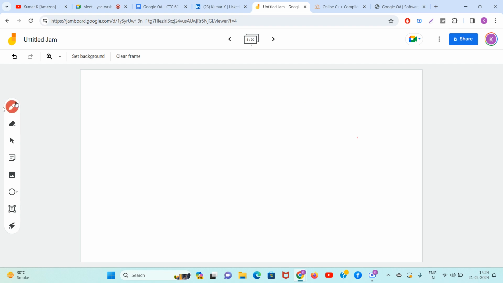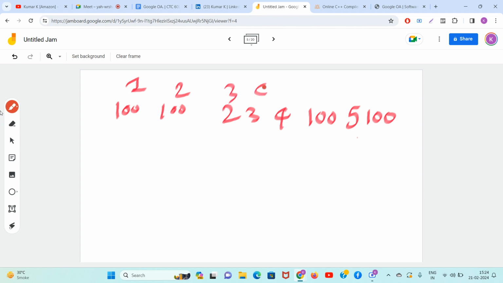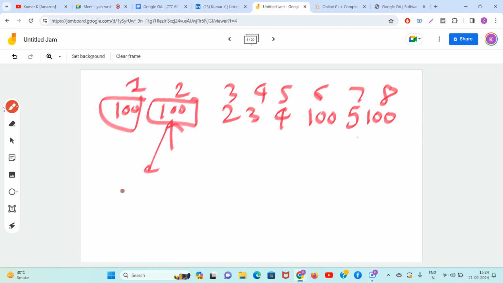Guys, see what is happening. See, 100, 2, 3, 4, 100, 5, 100. So guys, see, first you come here, index 1, 2, 3, 4, 5, 6, 7, 8. You come here, you see this is also 100, this is also 100.